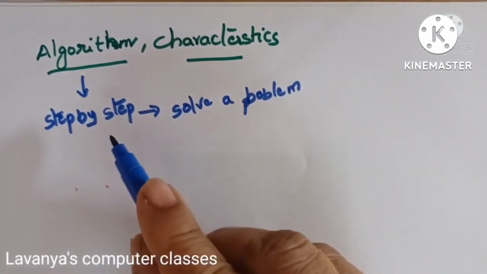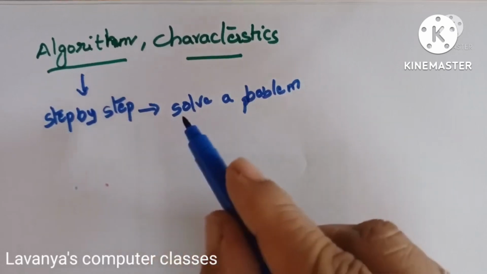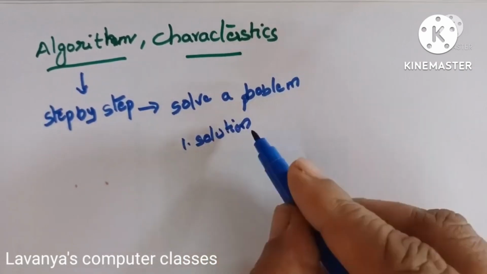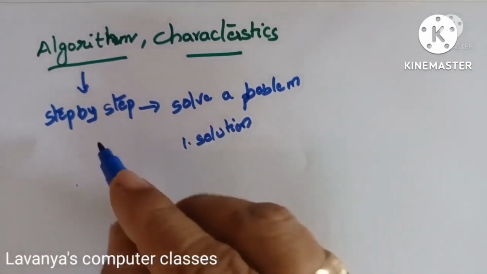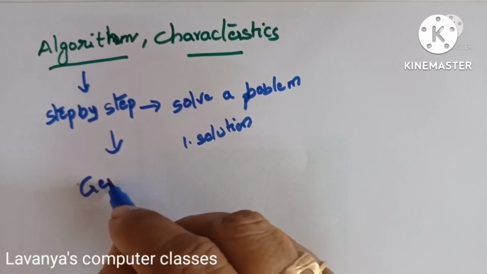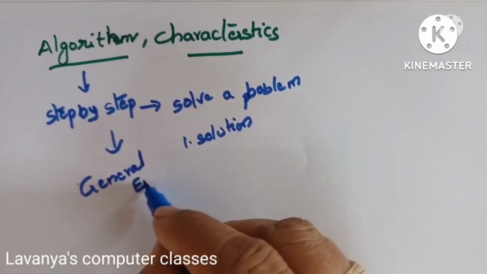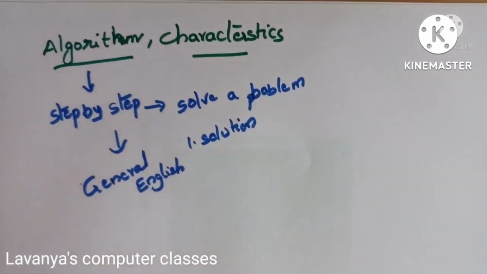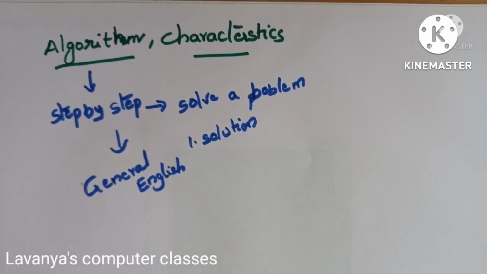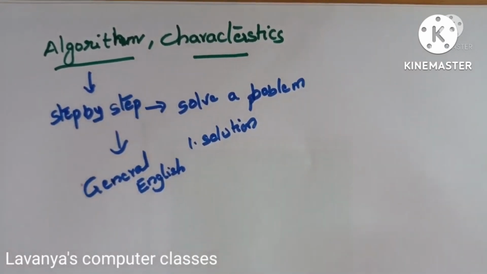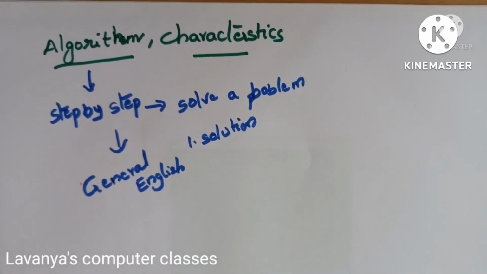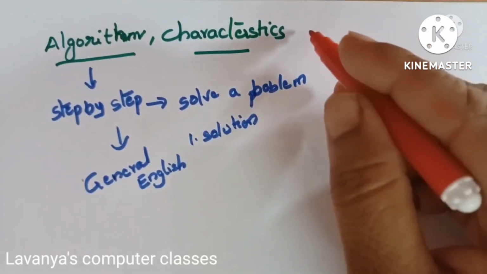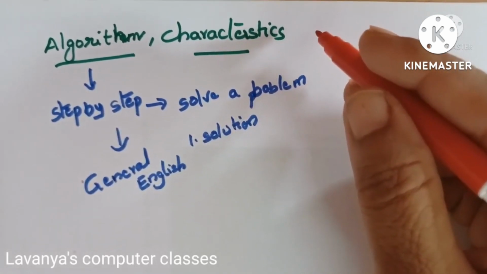For finding a solution for any problem, we have to write some steps, a step-by-step procedure. But all the statements are written in simple, general English language. That is called an algorithm.